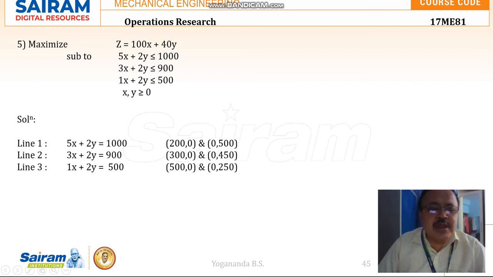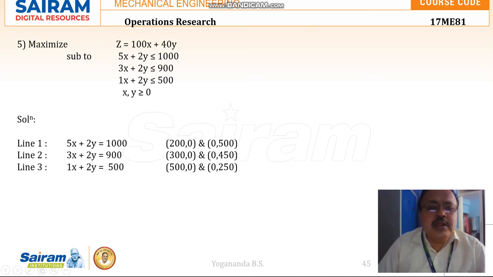If x is made 0, then 2y is 900, so y is 450. So 0 comma 450. Then the third constraint, that is 1x plus 2y is equal to 500. So it is 500 comma 0 and 0 comma 250. By making any one of the two ordinates 0, we find the other coordinate.